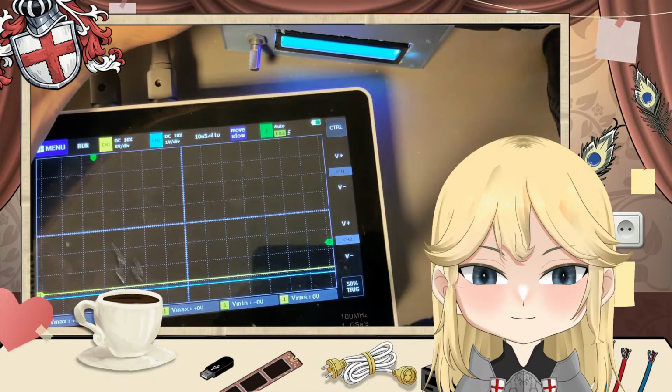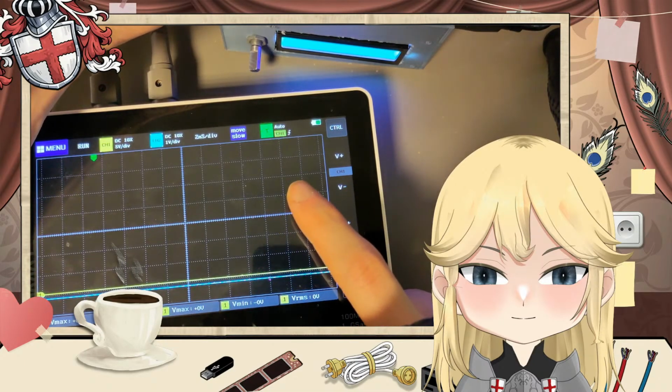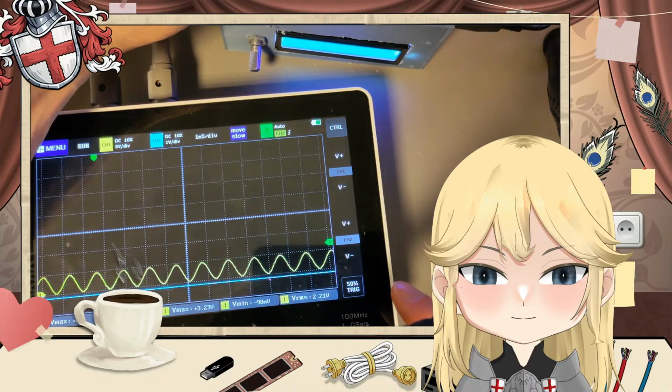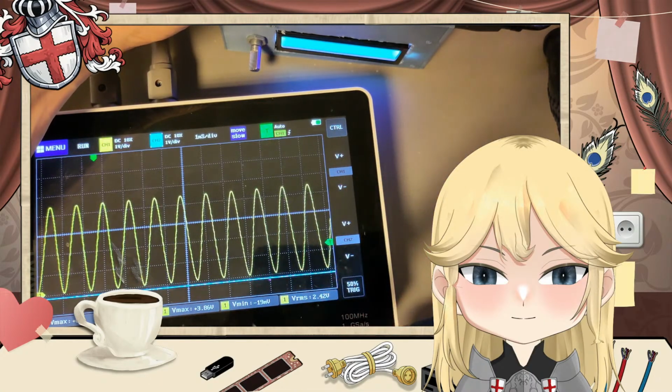We are generating a... Come on, don't slip off again. Oh, I need to zoom in, don't I? A perfect sine wave. Isn't this amazing? A stable sine wave, who would have thought that?